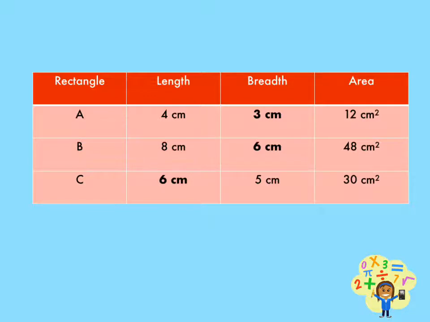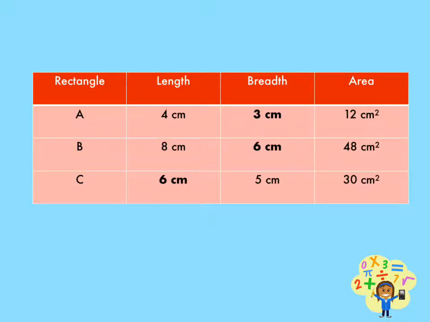To find the breadth of rectangle B, we simply divide 48 square centimeters by 8 centimeters. To find the length of rectangle C, we simply divide 30 square centimeters by 5 centimeters.